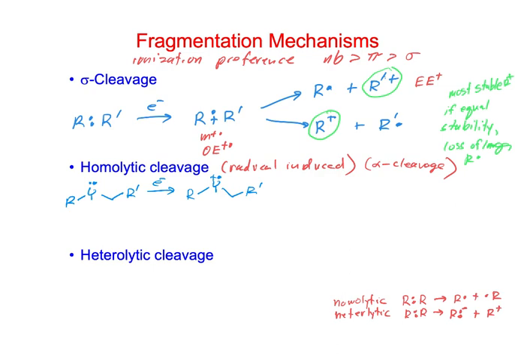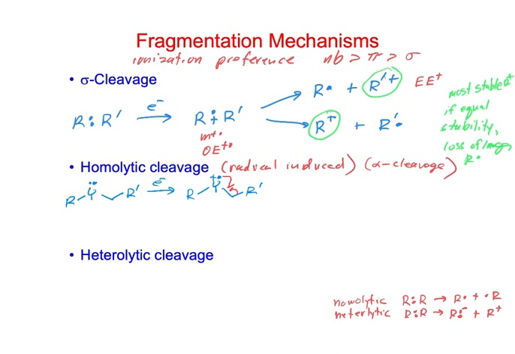Okay, so the radical-induced mechanism is going to take this radical. Remember, when we draw radical mechanisms, we use a single-sided arrow showing the movement of a single electron. So that electron is going to go down here, and it's going to combine with one of the electrons from this other sigma bond.